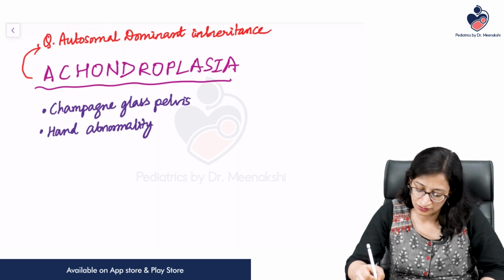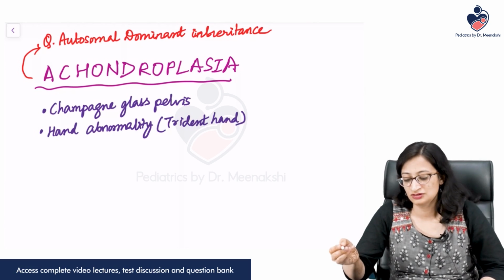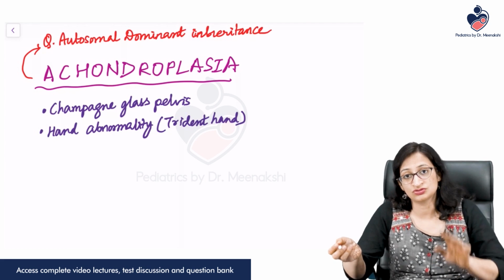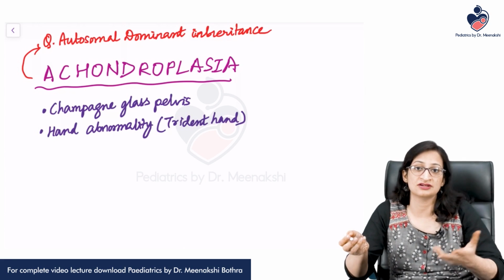Very important. So the hands appear like this. The fingers are oblique to each other. It is called trident hand.